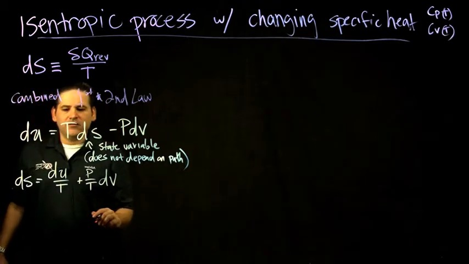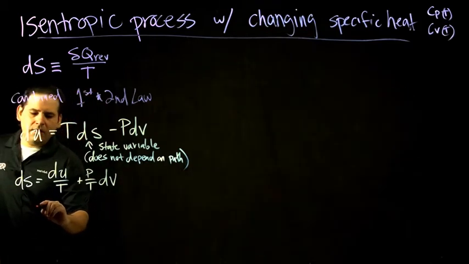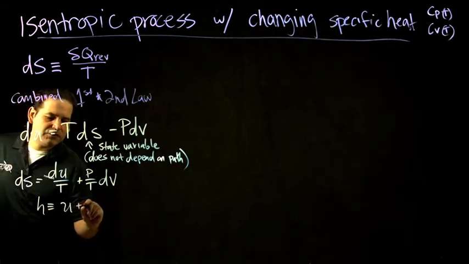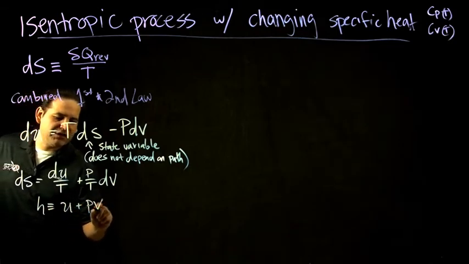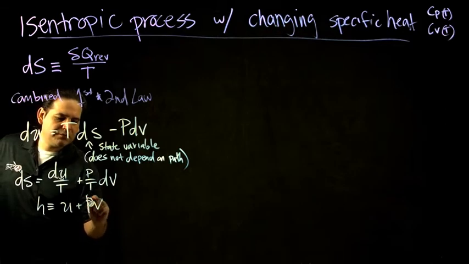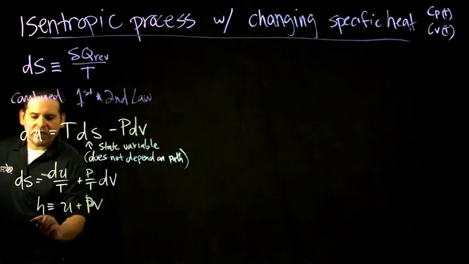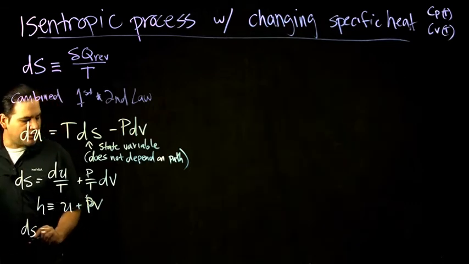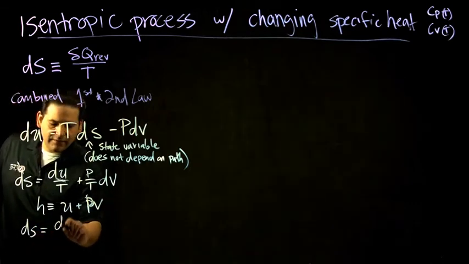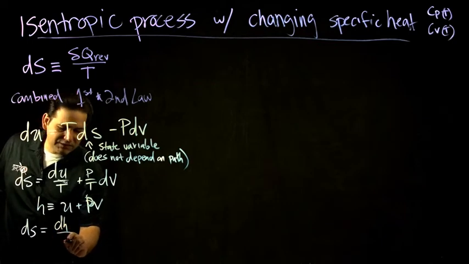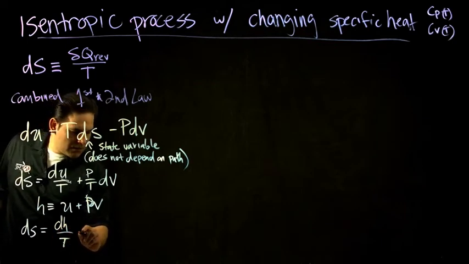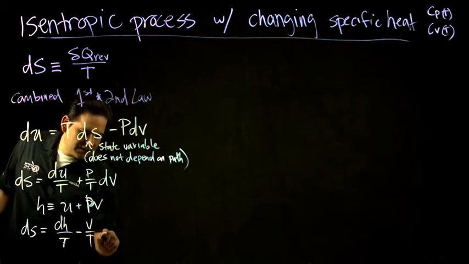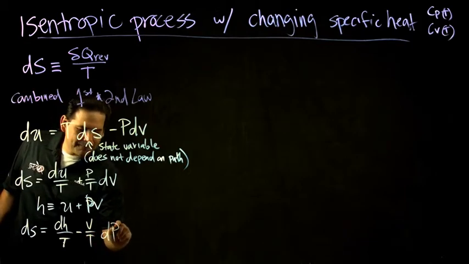And as we may remember, enthalpy is another way of expressing internal energy. And if you do that, you can express the first law in terms of enthalpy, which is convenient in many processes. And you can also write this change in entropy in terms of enthalpy change.